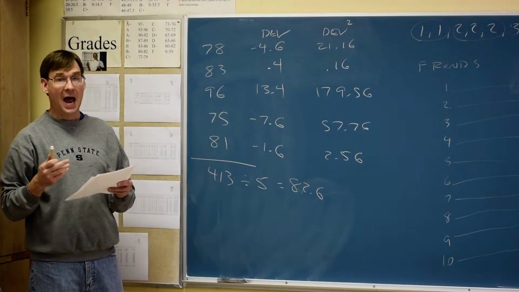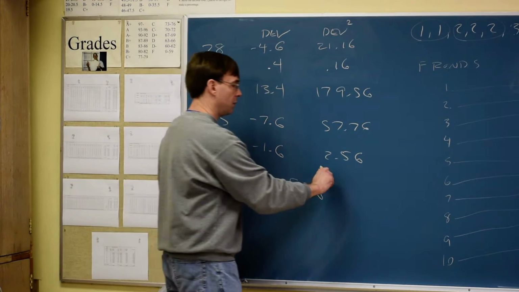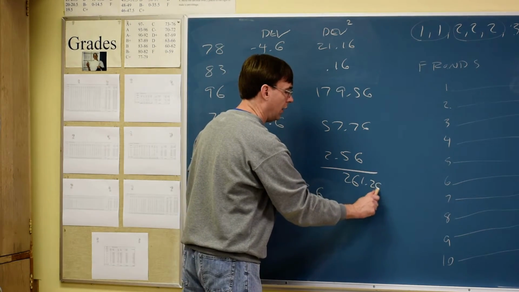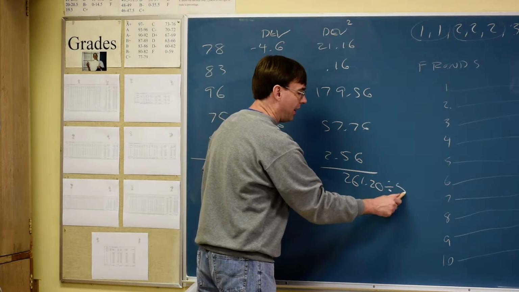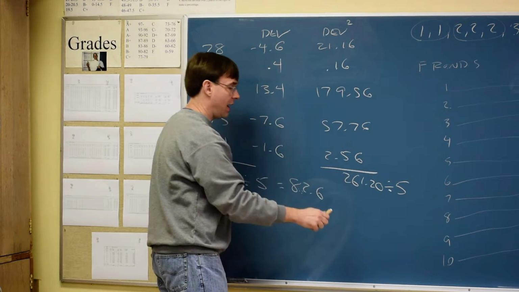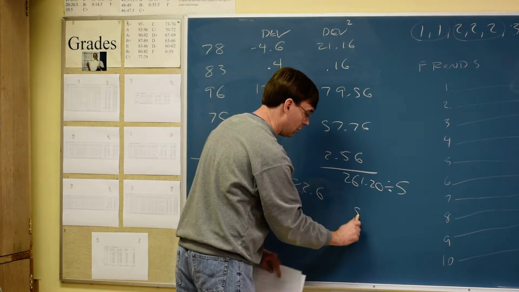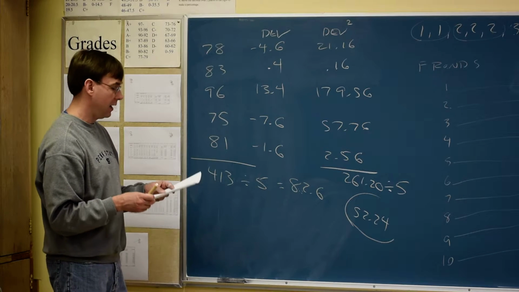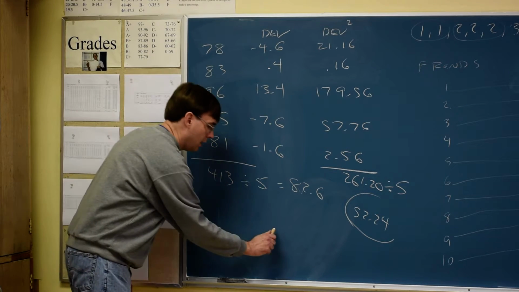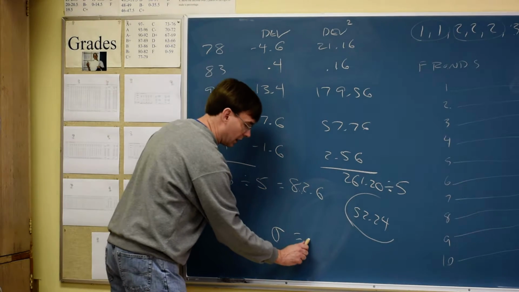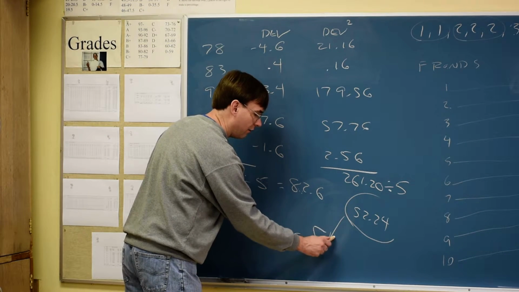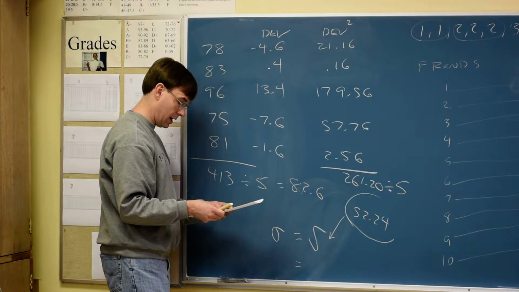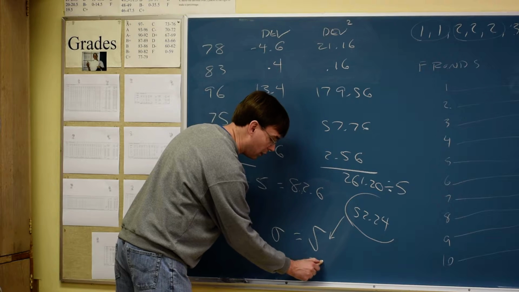What we need is the average of those squares, which means these have to get added to 261.20, and then divided by 5 because there are 5 of them. And that's going to show you a 52.24. That would be the variance. The standard deviation is the square root of that number. The standard deviation is then going to turn out to be 7.228.